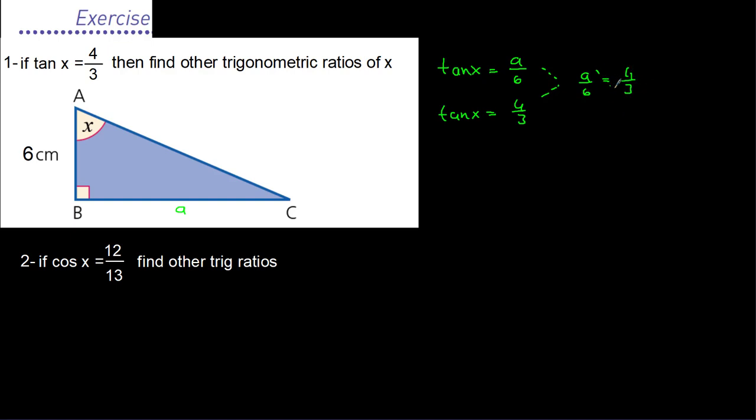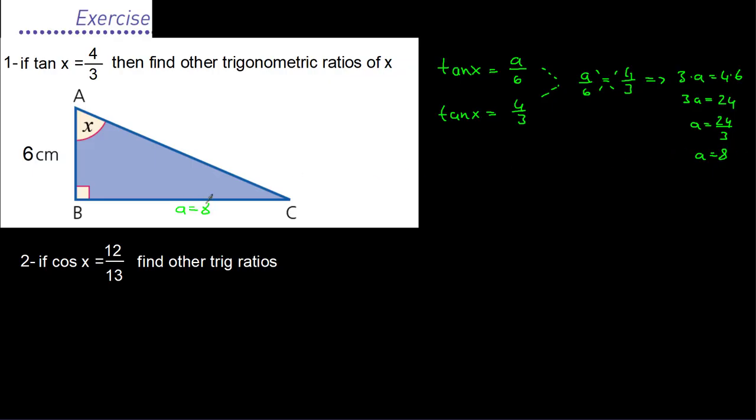Crossly multiplying, 3 times a should be equal to 4 times 6, which means 3a is equal to 24. A is equal to 24 over 3, which means a is equal to 8.